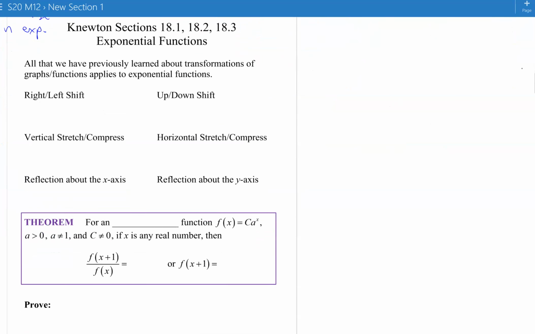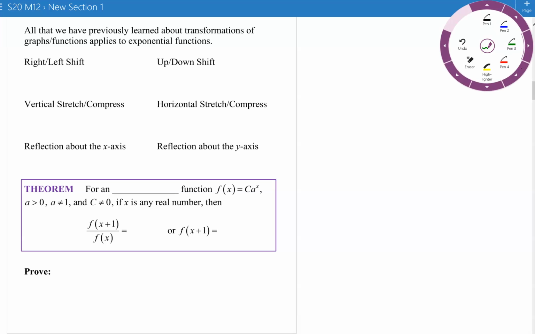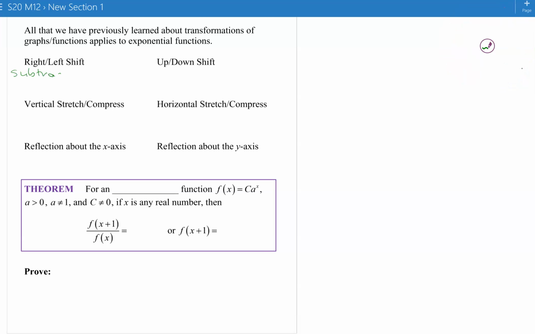So everything we've already learned about transformations applies here. So let's do a quick refresh of those. For a right shift we subtract, for a left shift we add, before we do the function. Then up and down shifts happen by adding or subtracting after the function.